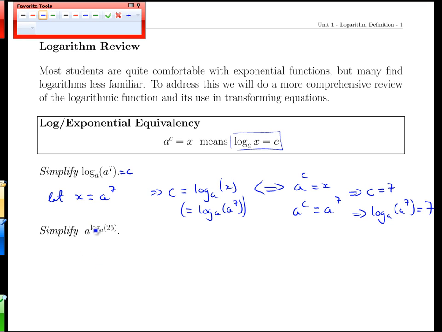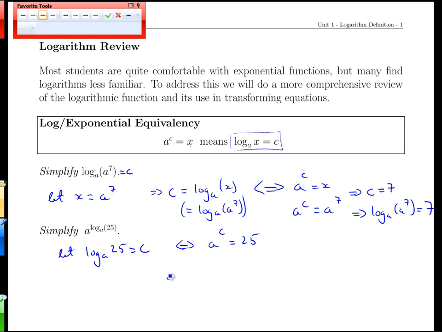Some of you might have a good guess as to what this is going to be already, but let's just go through the calculations. So what we're going to do is let log base a of 25 equal c. And that's the same thing as saying a to the c is equal to 25. From there, it almost seems trivial. We have this statement here that a to the c equals x.